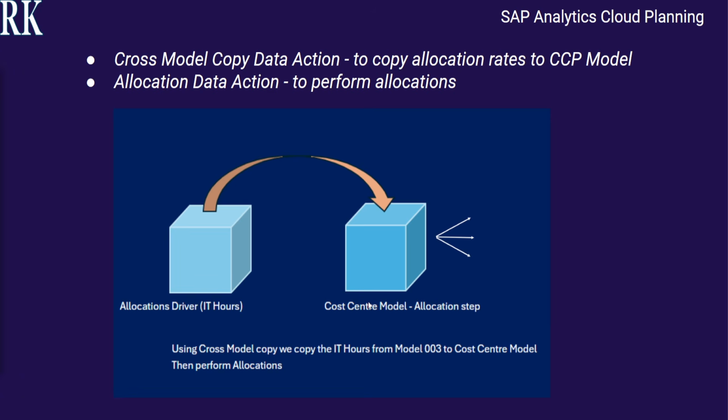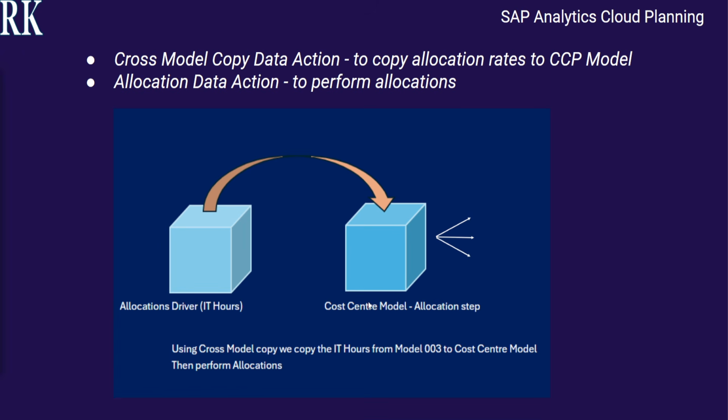The left-hand side model is the new model in which we will be maintaining the allocation drivers, that is the IT hours. On the right-hand side, we have the cost center model where the actual allocation step takes place. To copy the values from the left-hand side model to the right model, we use the cross-model copy data action.